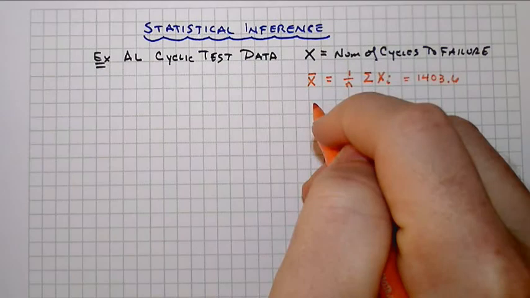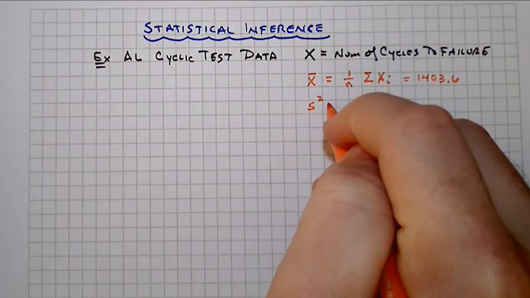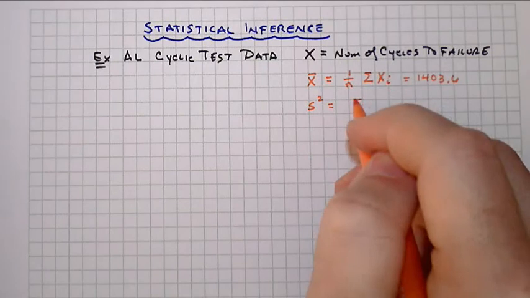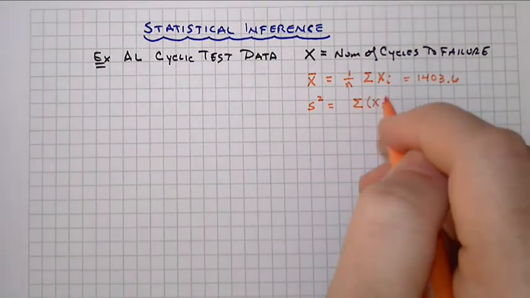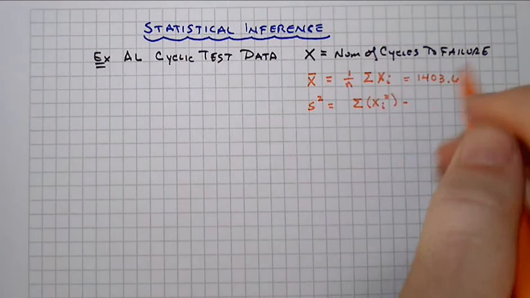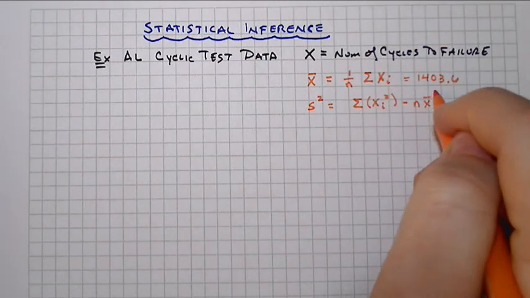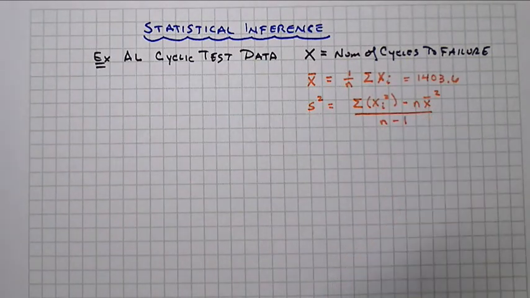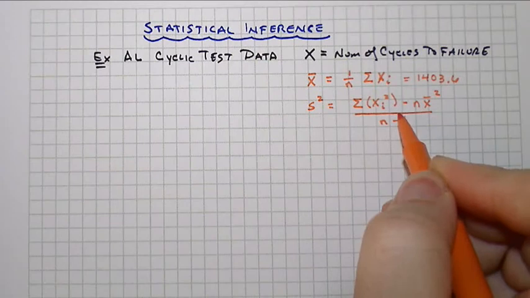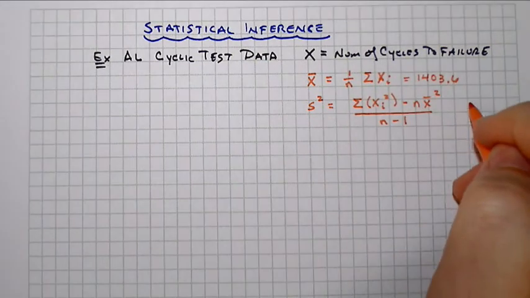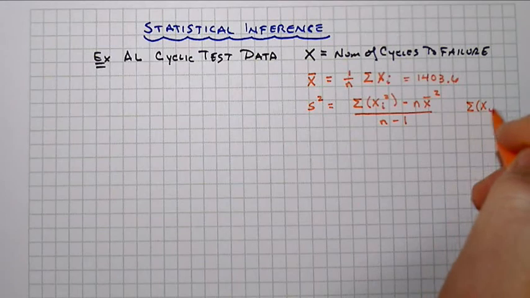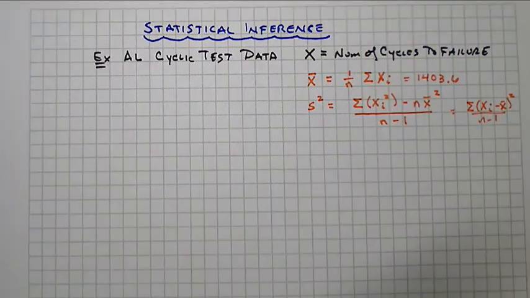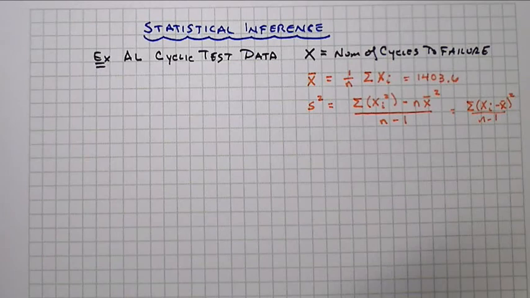We also defined the sample variance as being the sum of the square of those xi's minus n times the sample mean squared, all over n minus 1. That actually looked a little bit different because that's the same thing as the sum of xi minus the sample mean squared, and we divide that by n minus 1. Those were the same equations as we worked them all out.